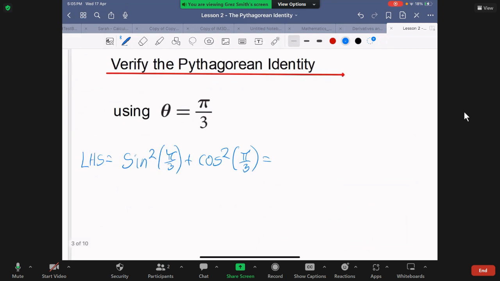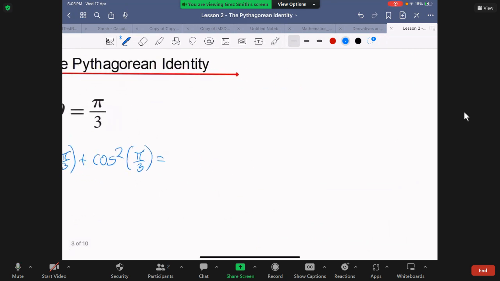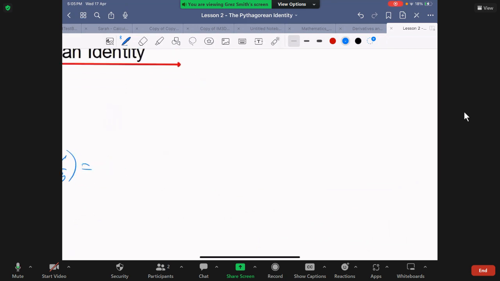So you want to get used to pulling up your table of values, your trigonometric table of values. Start it off over here, x. I'd always start off in degrees, and then I add the radians in. So then we get sine x, cos x, tan x.